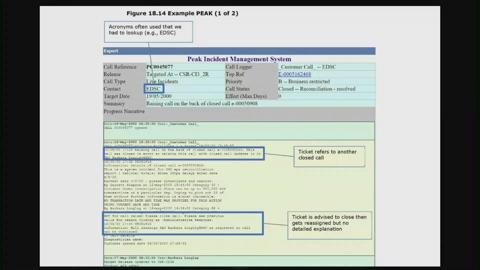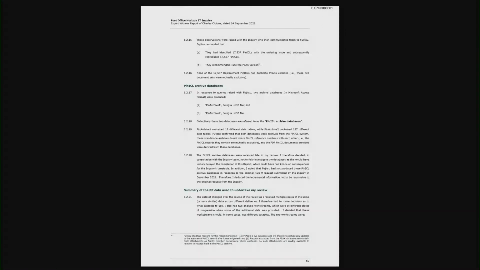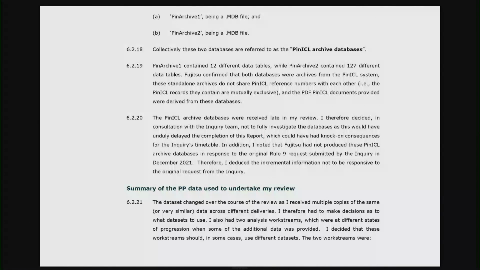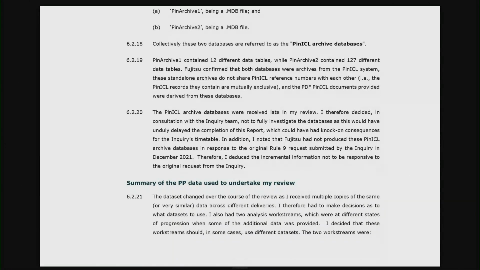If we can go over the page in your report, so that's page 60 we were at, thank you. And at the foot of the page, I mentioned already that you didn't examine the Pinnacle archive databases that were provided to you in agreement with the inquiry.